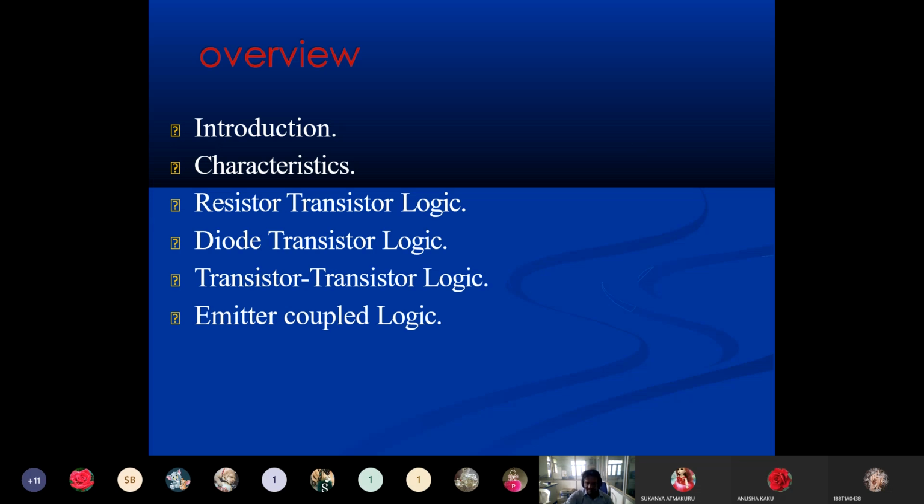A logic family is a collection of different integrated circuit chips that have similar input, output, and internal circuit characteristics, but they perform different logic functions.